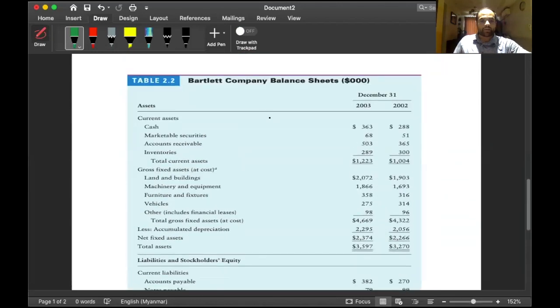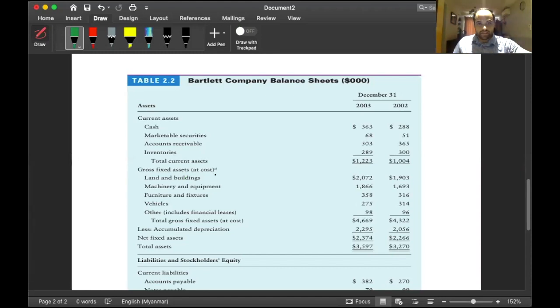Now here is your balance sheet. You have current assets: cash, marketable securities, accounts receivable, and inventory. This is your total current assets, 1223 and 1004 for 2002. Now we have gross fixed assets. Gross means we haven't subtracted the depreciation, but of course we have to adjust the assets by subtracting the depreciation value.